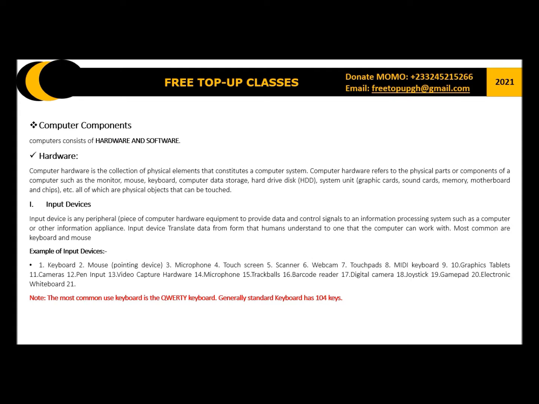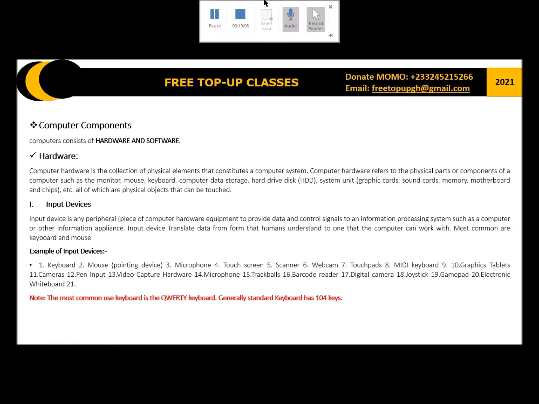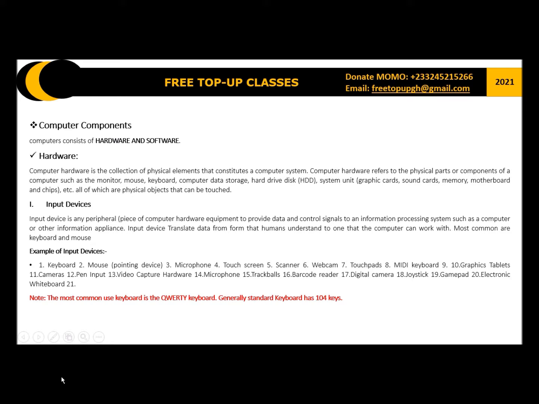Sound cards allow you to use a speaker, a microphone, memory, motherboard, and chip. So we are going to look at all these things. You open the computer to look at whatever we have in here. Like we're saying, it's a very practical course, so you need to take it very seriously.